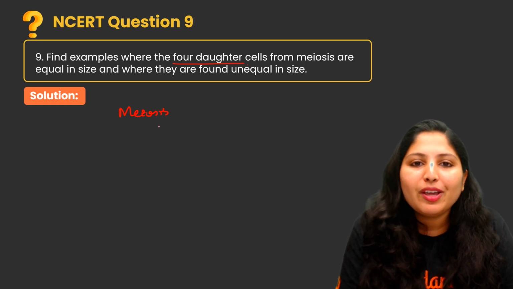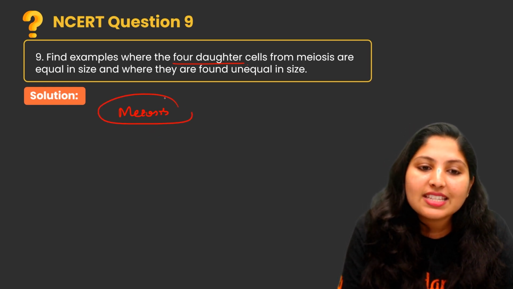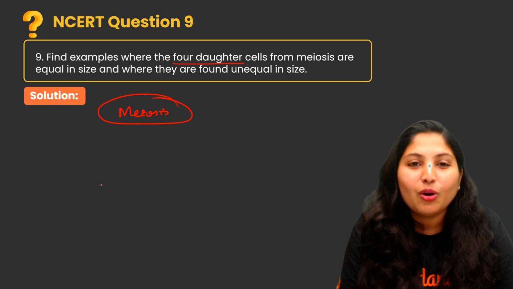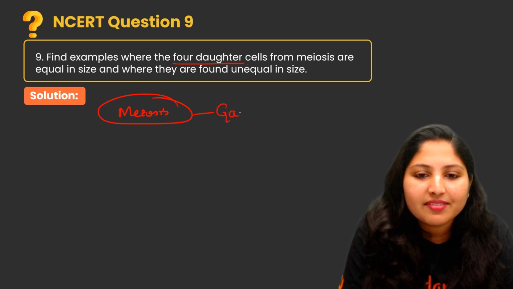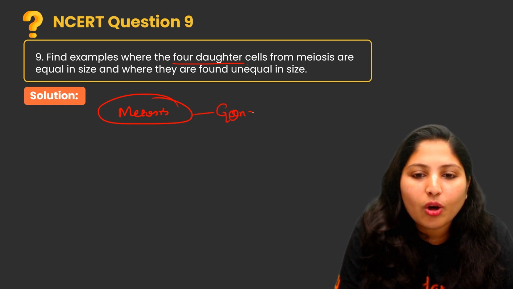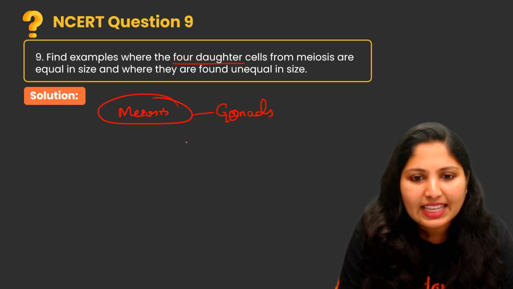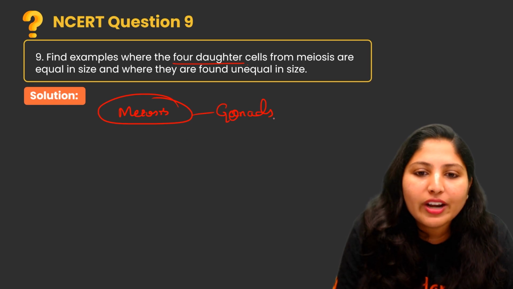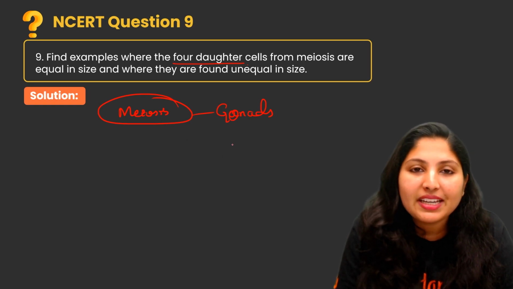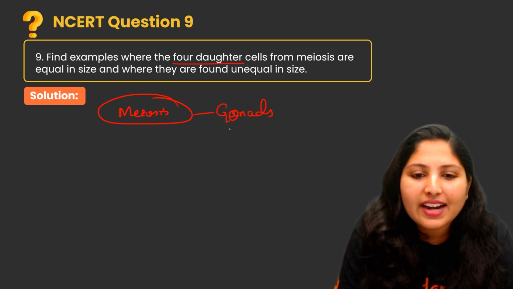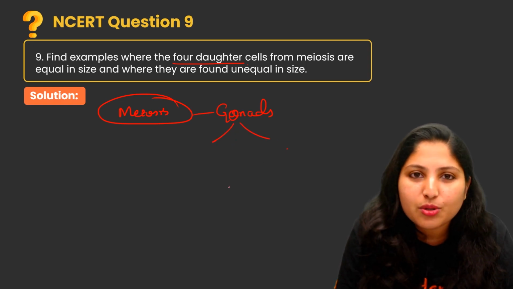Where is this meiosis going to happen? Only in gonads, right? In gonads, 2 main events are going to happen.